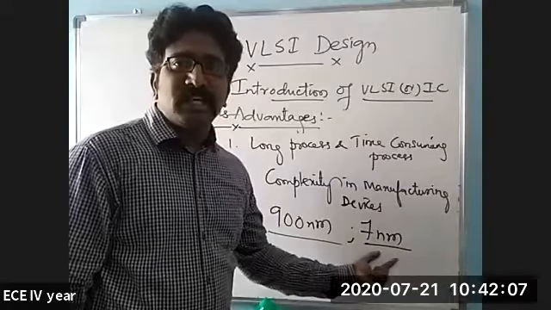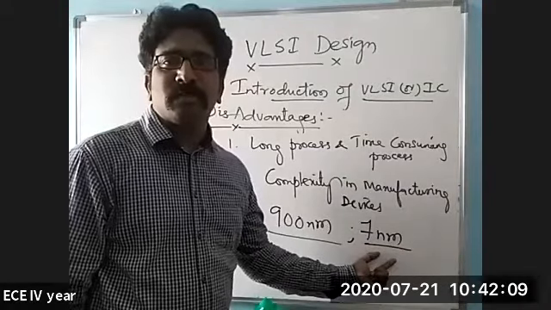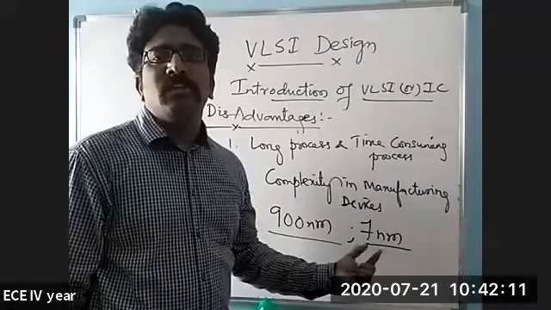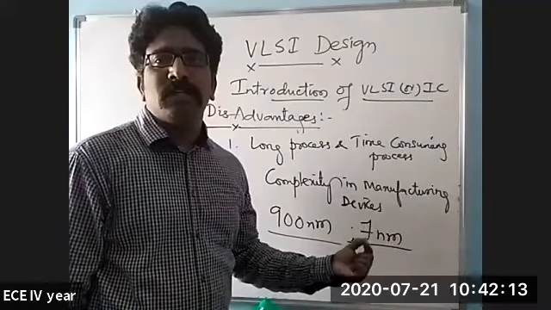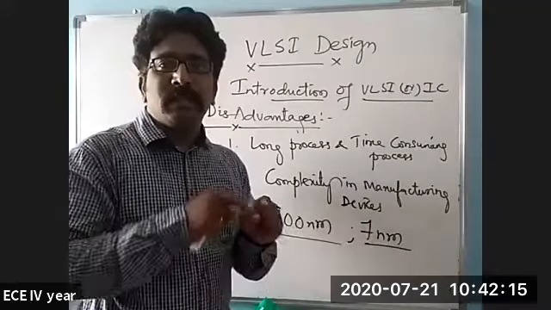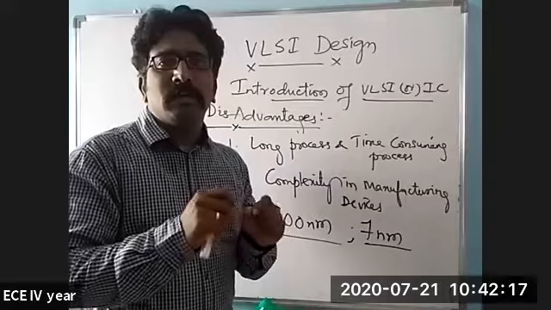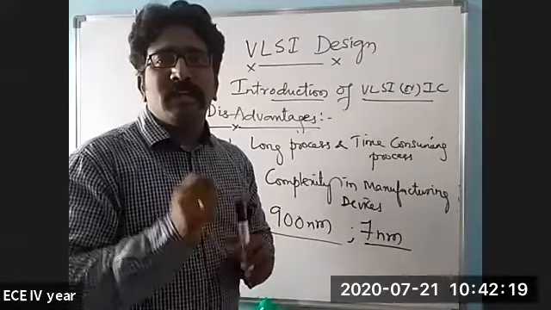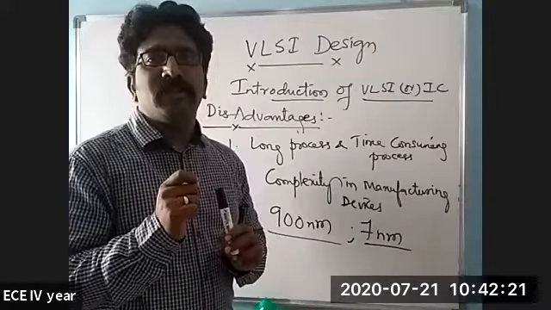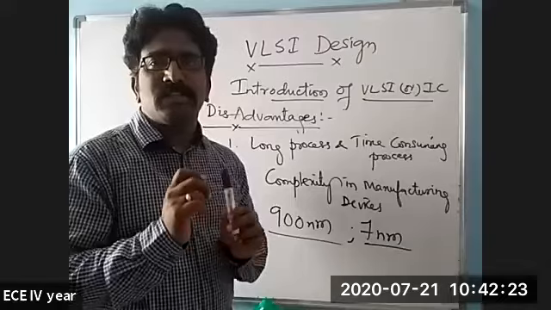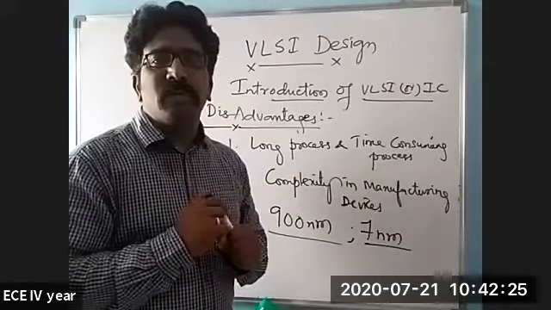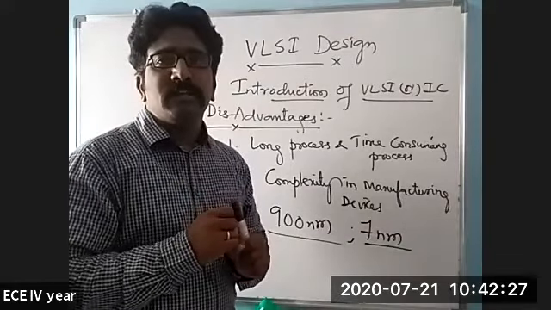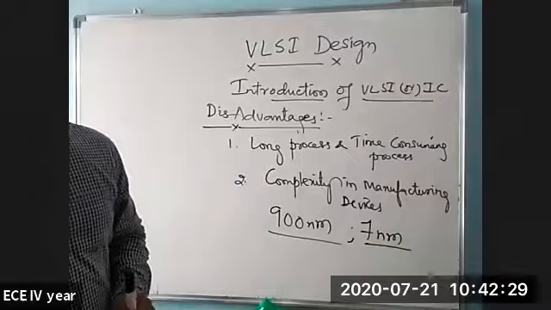If this is the size of a transistor being incorporated on an integrated circuit, you can imagine the difficulty in the routing problem, in making the connections between each and every transistor, or each and every different kind of module kept on an integrated circuit. So these are the two major disadvantages of this one.